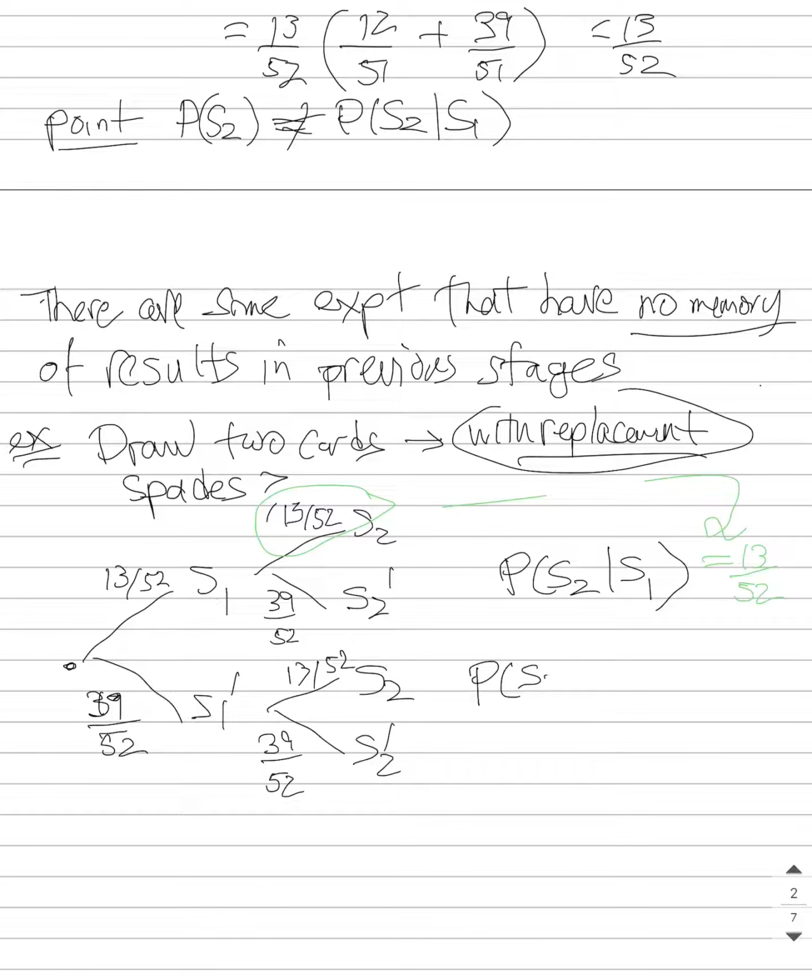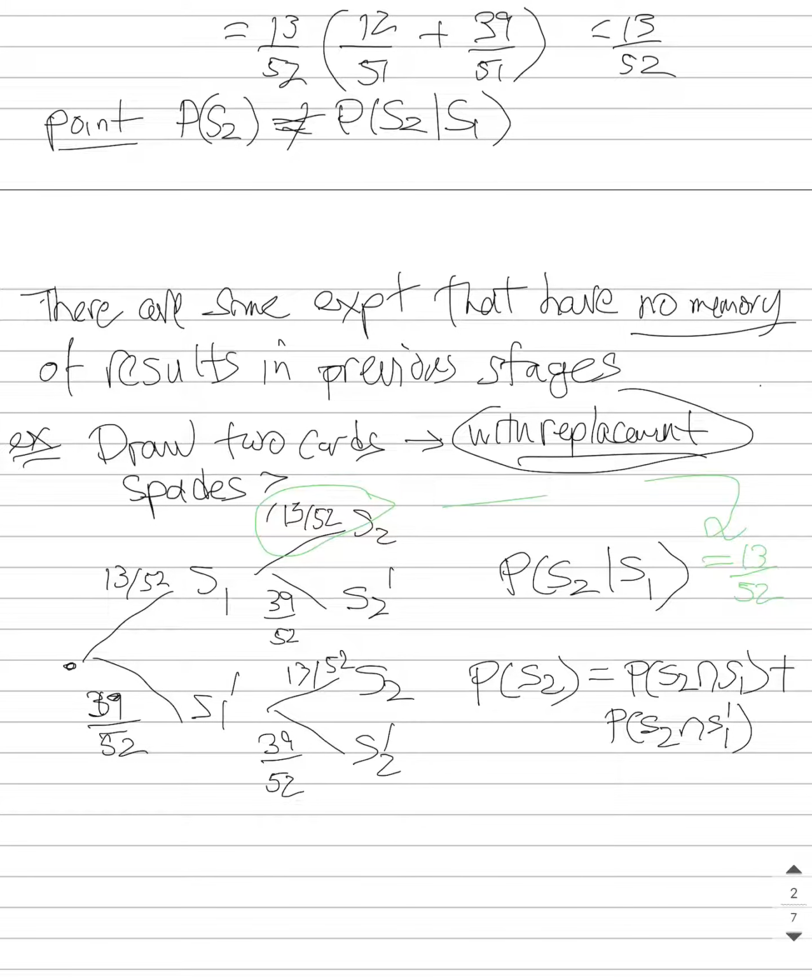For comparison, now, if we wanted to talk about the event spade on 2 generally, remember that it comes from spade on 2 and 1, in addition to the outcome spade on 2, but not on 1. And that was just from what we had done earlier.